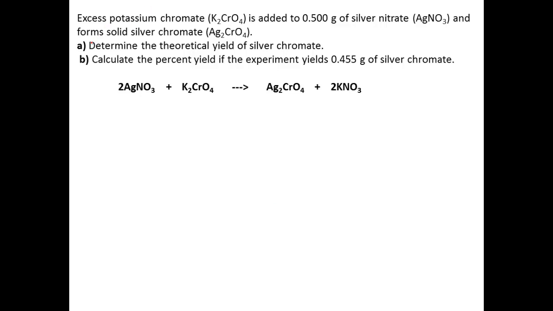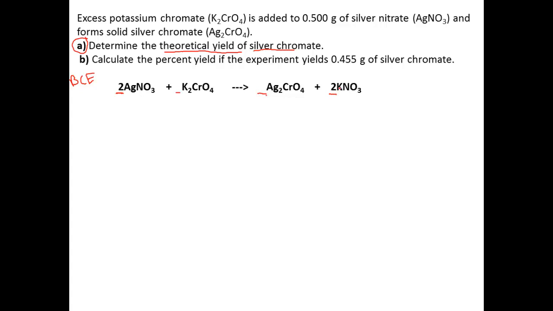So first step is we need to determine the theoretical yield of silver chromate. As we're working, our balanced chemical equation shows us 2 moles to 1 mole produces 1 mole and 2 moles.